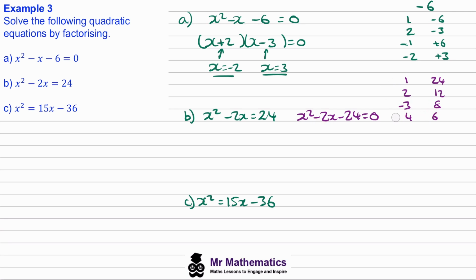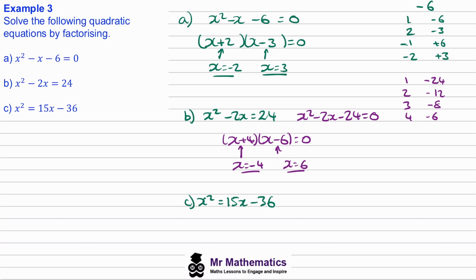So we can try the other way. We'll make these negative, and then the 4 take away the 6 will give us the negative 2. So we've got x plus 4 and x minus 6. So when this bracket equals 0, x will equal negative 4, and when this bracket equals 0, x will equal positive 6. How did you get on?